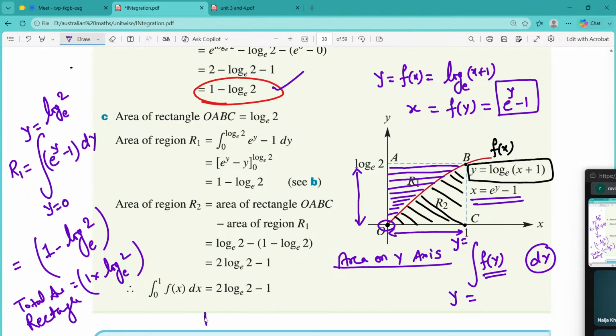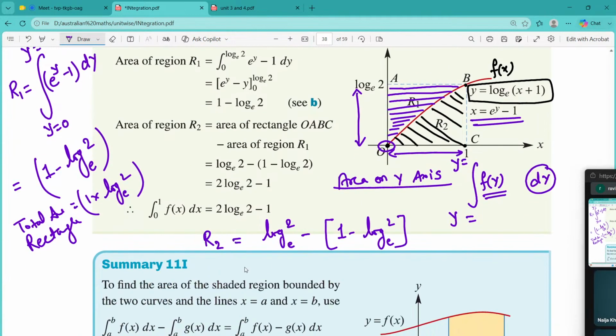So the region of interest, R2, will be the total area, log e 2, minus 1 minus log e 2. If you solve it, you will get log e 2 minus 1 plus log e 2. So overall, we are getting 2 log e 2 minus 1.